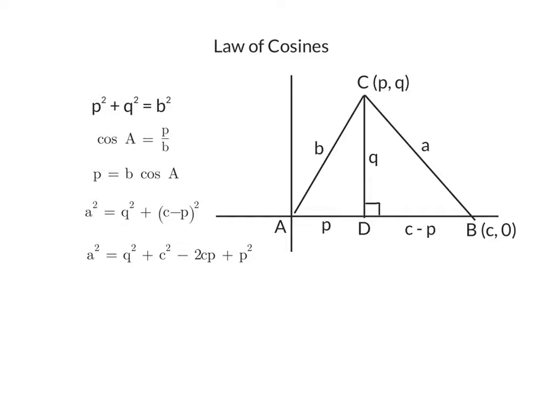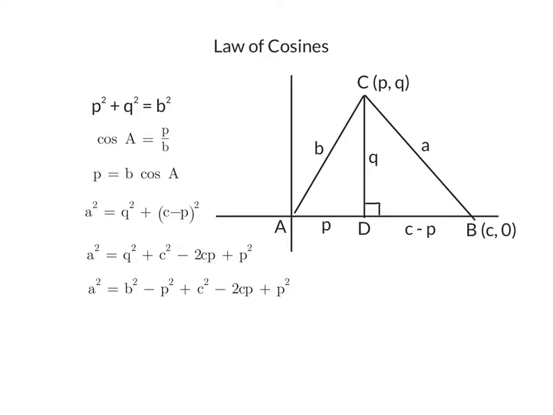Now, I want to use what I've learned to get an expression for A squared in terms of B, C, and angle A. So now, if I look at the very first expression that I came up with, that is that P squared plus Q squared equals B squared, I can solve that for Q squared and substitute it down into this latest expression. And if I do that, the expression is going to look like this.